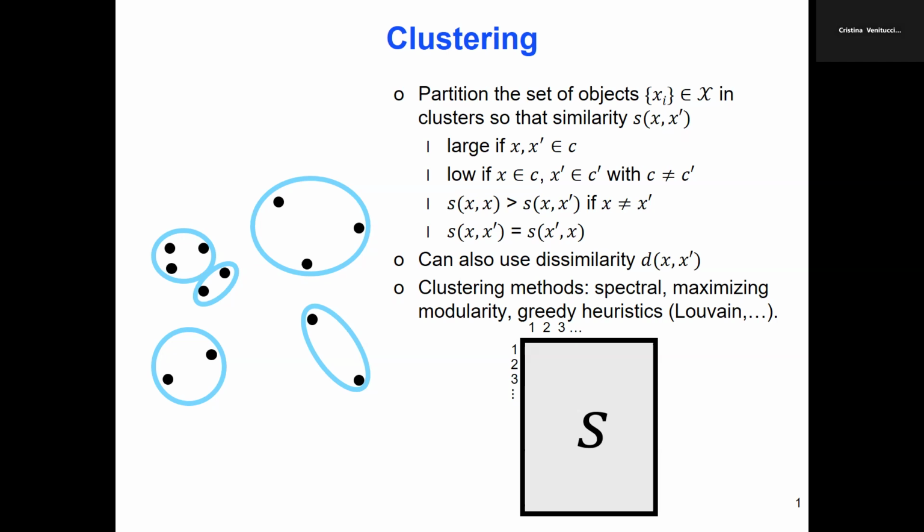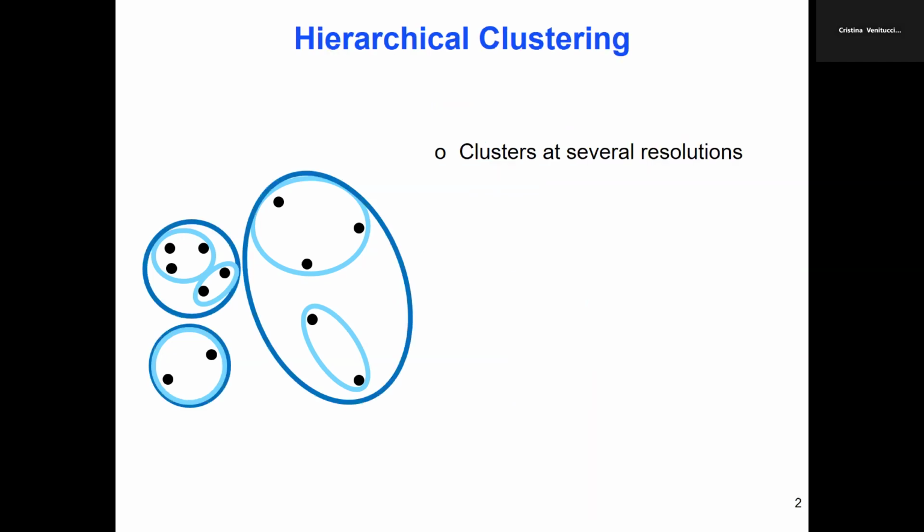But my goal here is to work with clusters at different resolution levels, so to look at the hierarchy. I assume that there is a clustering algorithm that finds clusters at the lower level, and I want to see if there are clusters made of different clusters.